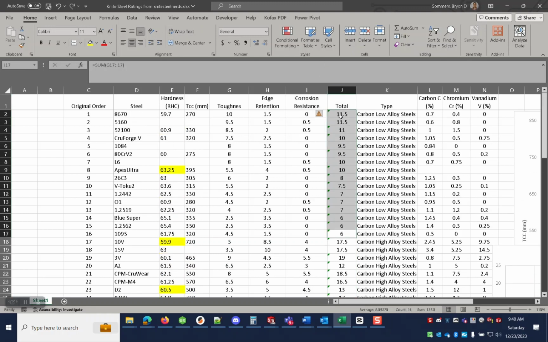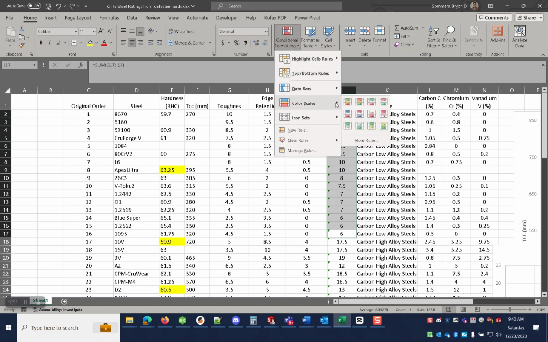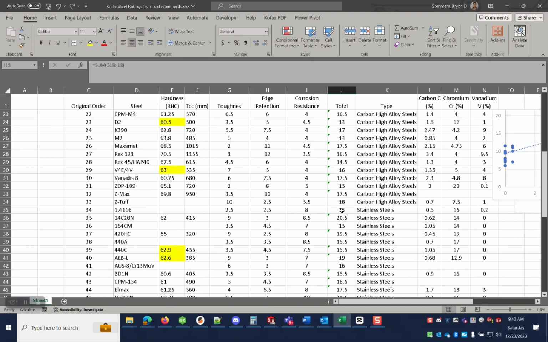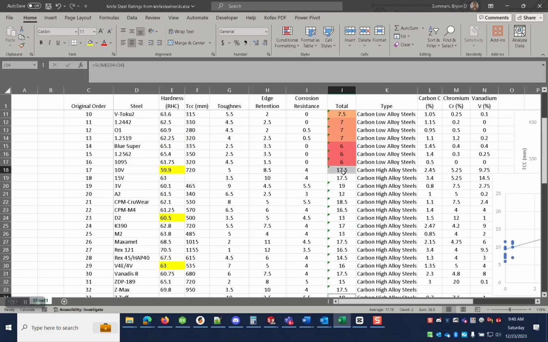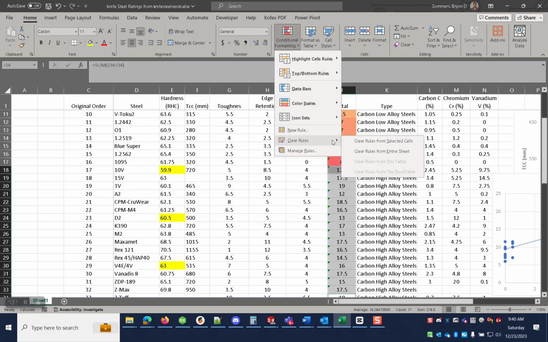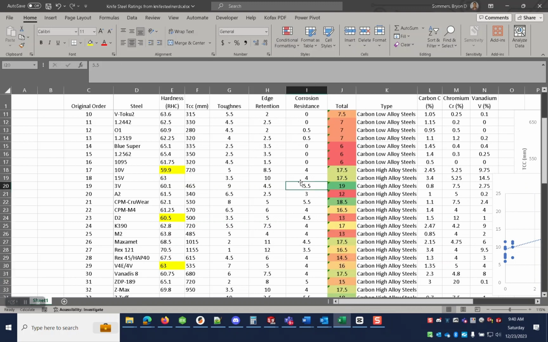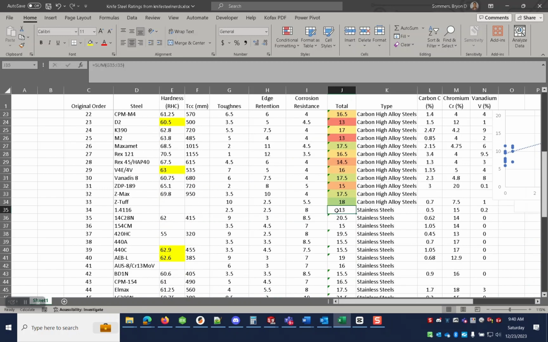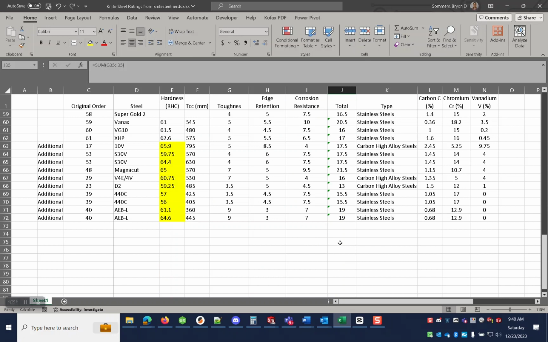So all the low alloys, I'm going to just do a color sort, low to high. Then for the high alloys, same. And for the stainless steels, the same.